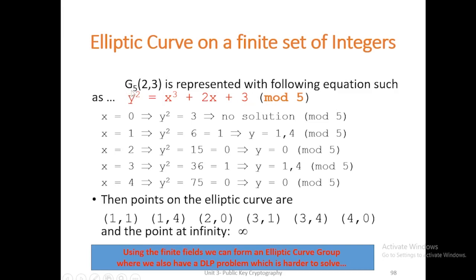Let G be the point. G is (2, 3), it is a point. Using this point, we need to find the points which connect or frame an elliptic curve representation. The generalized formula is y squared equals x cube plus ax plus b. Instead of a and b, the points are given, so the values are 2 and 3.